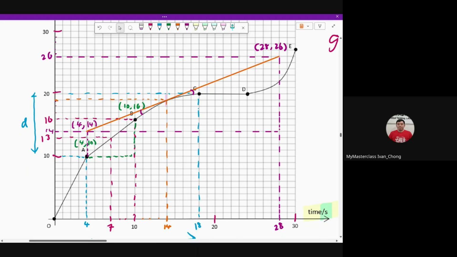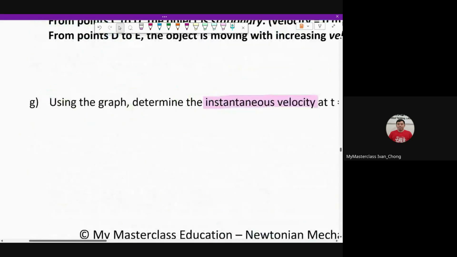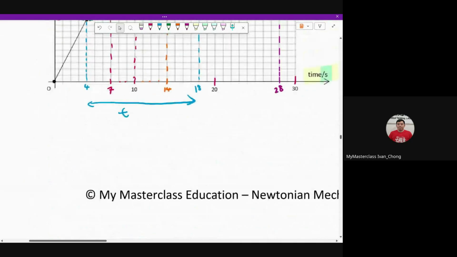So let's use the values to help us solve for our gradient, which is our instantaneous velocity. So velocity will be equals to your gradient formula. Let me double check.